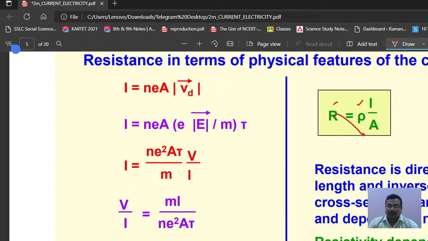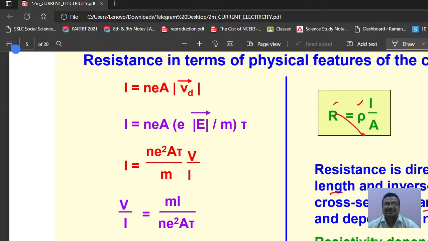So here, my dear friends, resistance is directly proportional to the length, inversely proportional to the area, and depends upon the nature of material. What does it mean? If the length increases, the collisions between the electrons increase.